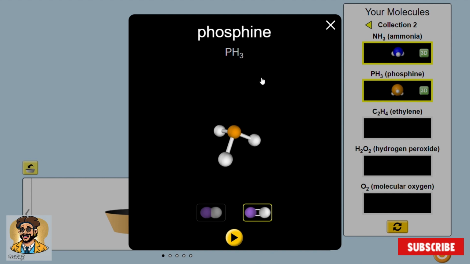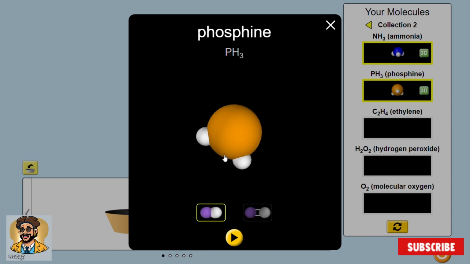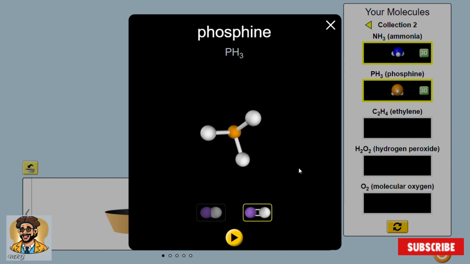It looks like the one of ammonia. You can see that they form a pyramid somehow. And here is how this specific molecule looks, with the bond. So all the time so far we have had single bonds between atoms. Let's go to the next one.